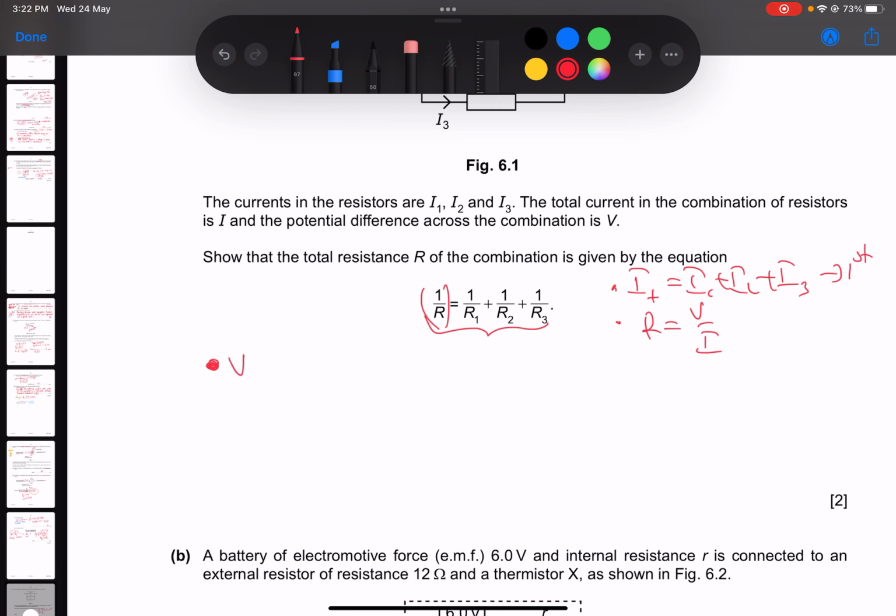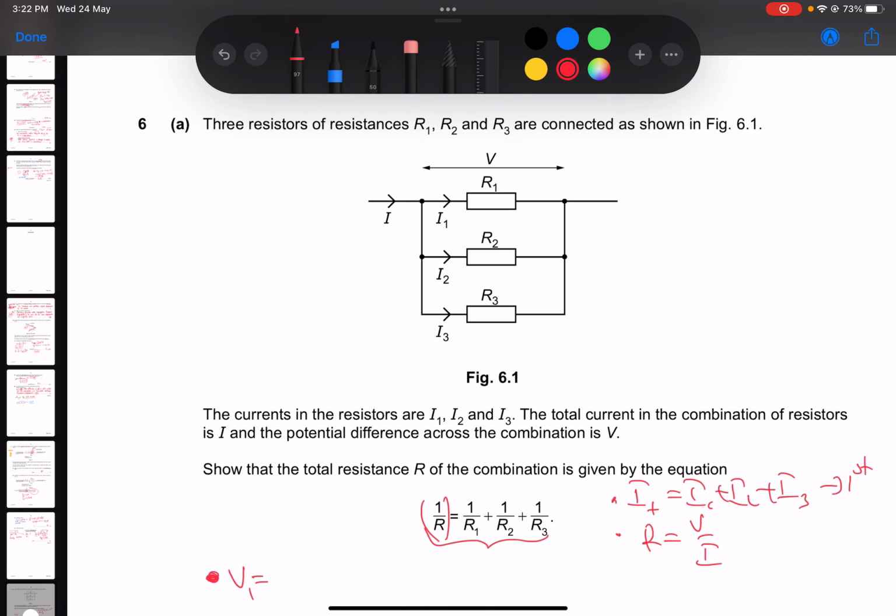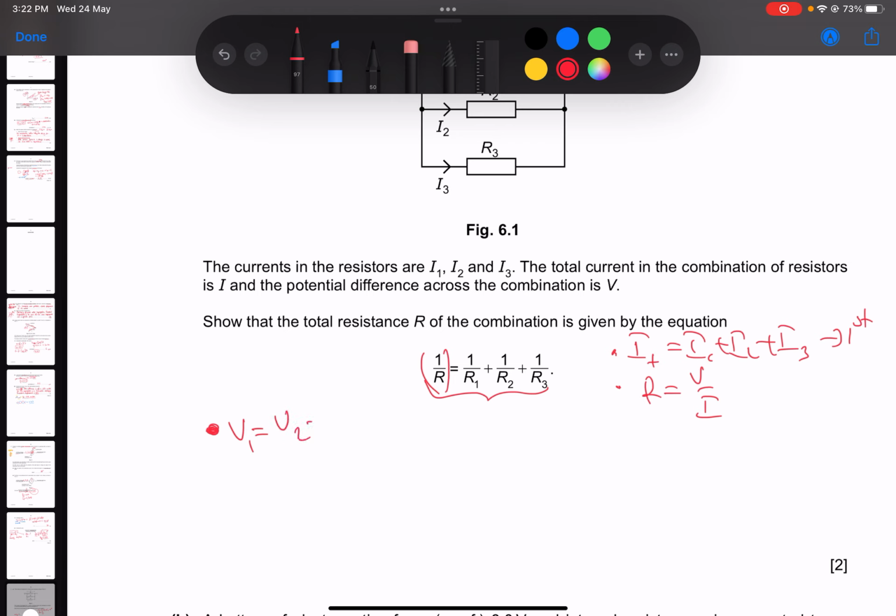Kirchhoff's second law states that in parallel, the voltages V1, V2, and V3, even V total, are all the same. And if you write in terms of voltage, it's going to be V over I. It's going to be our Ohm's law, right? Let me put it here.